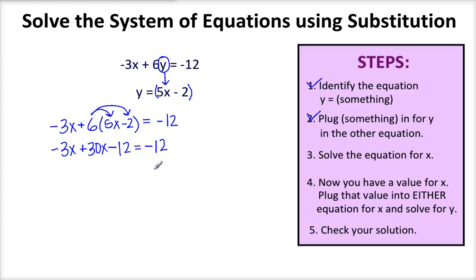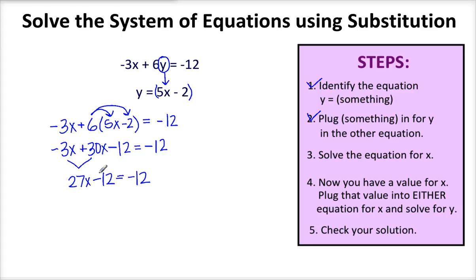Okay, let's simplify some more here. I can see I have two terms with x's, so those can be combined with each other. Negative 3x plus 30x. So negative 3 plus 30 is 27x, right? And then we have minus 12 still equals negative 12.